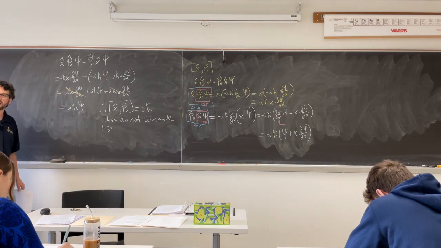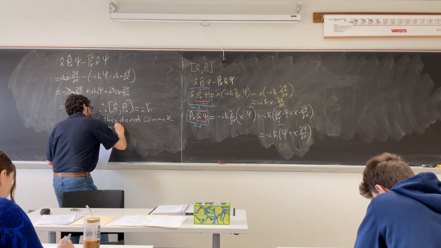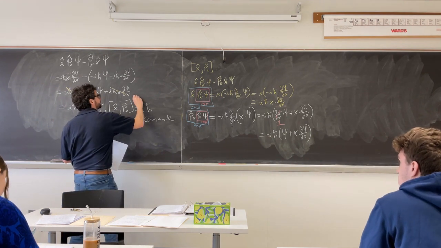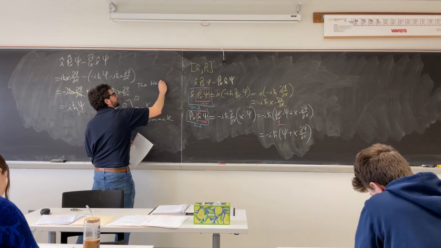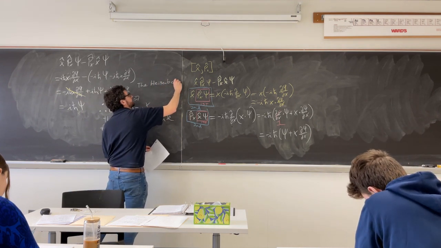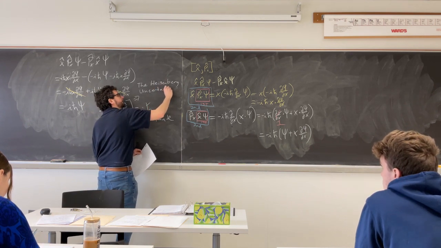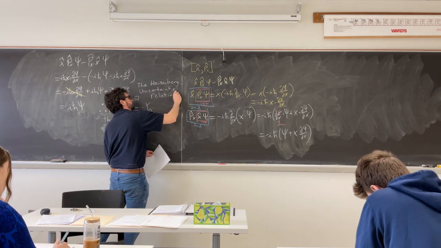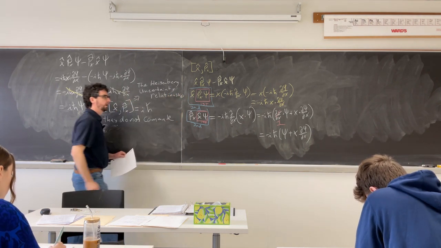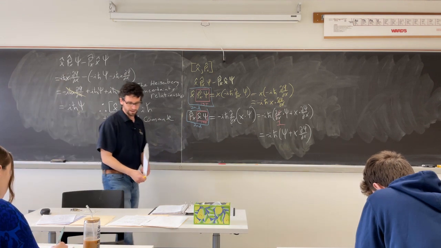This is known as the Heisenberg uncertainty relationship. And we'll show how that connects to the Heisenberg uncertainty principle later on.